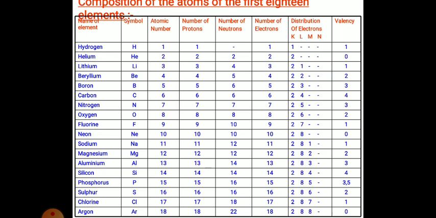Sodium has valency 1, because in its outermost shell it has 1 electron, and it becomes stable by losing 1 electron. Students, you can take similar examples for your practice. So this is about the composition of atoms of the first 18 elements.